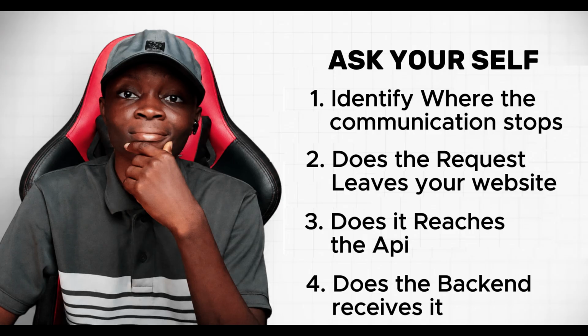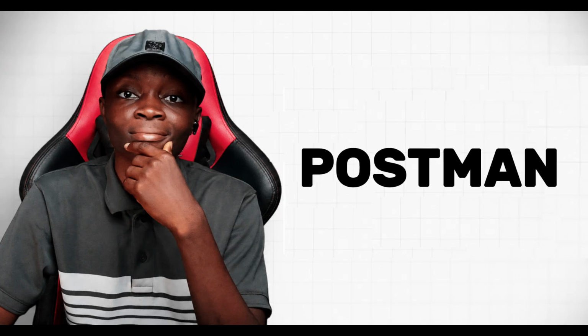After doing that, the second thing you need to do is test your API separately, using Postman or similar API testing software. If you can confirm there's nothing wrong with the API, then the API is working, but the issue is with the client: your page, your front end, which is not able to communicate with the backend, which is the API.